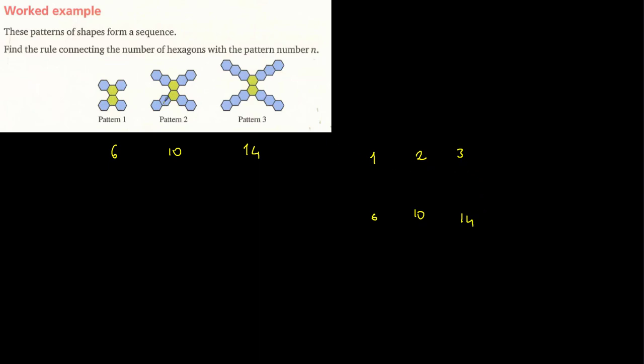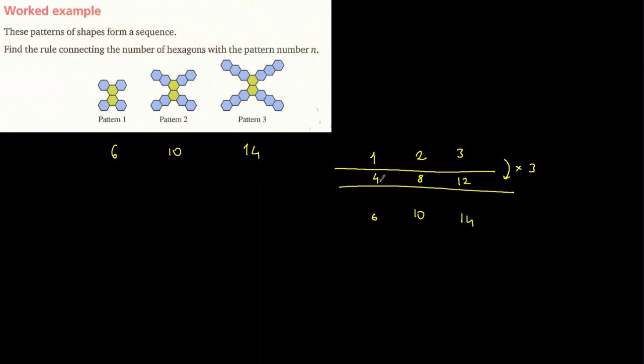How many blue hexagons do we have? The number of blue hexagons is 4 in the first one, 8 in the second one, 12 in the third one. So from this table to this table, when you are passing, it is times 3 in the blue hexagons we have.